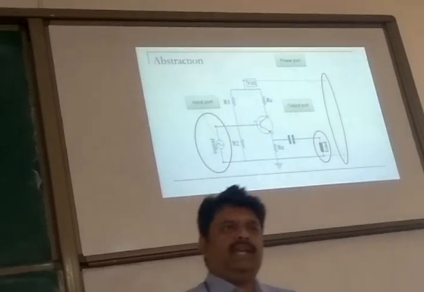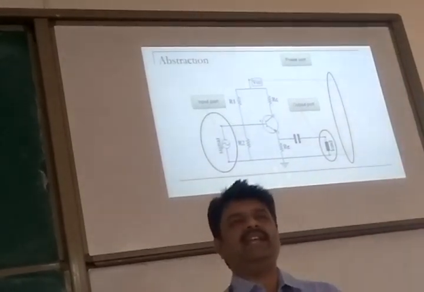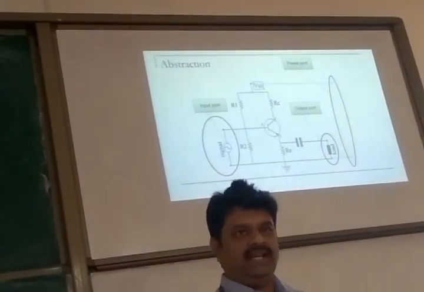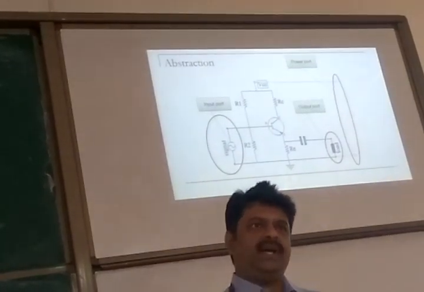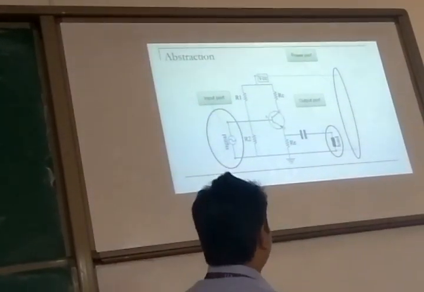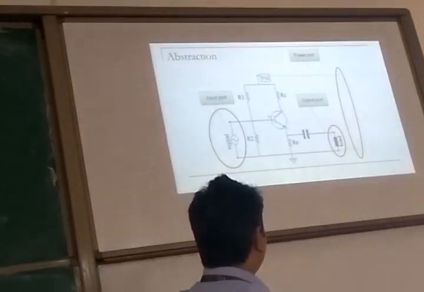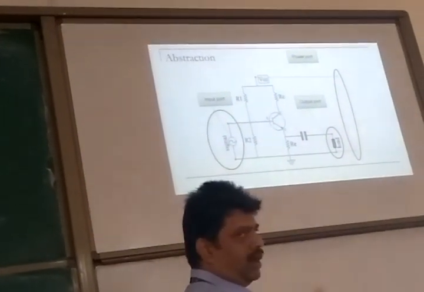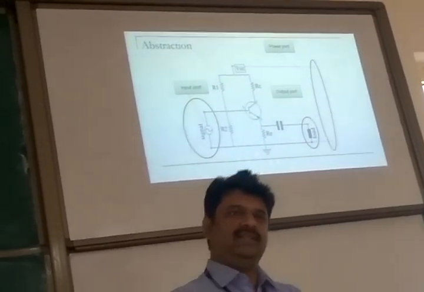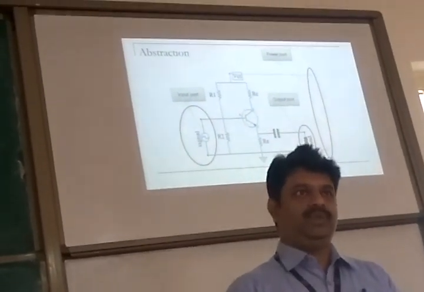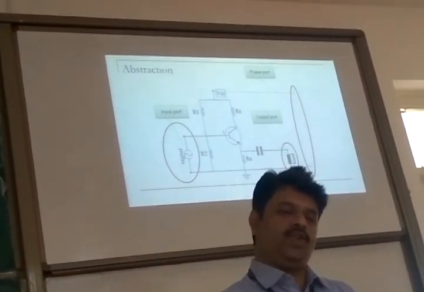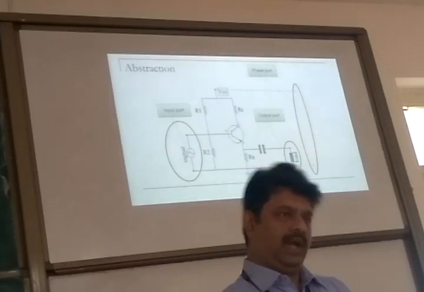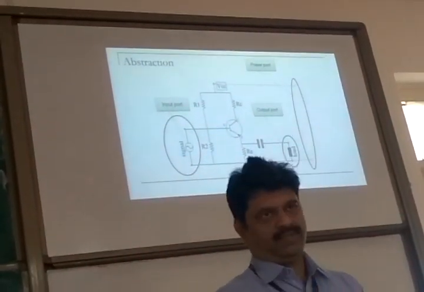So what I do, I make a very generic design. And for example, if the gain can be adjusted using RC, or if the gain can be adjusted using RE or R1 or R2, I just provide the connection outside as a pin. Here you can connect R1, and then you can connect it for a specific application.